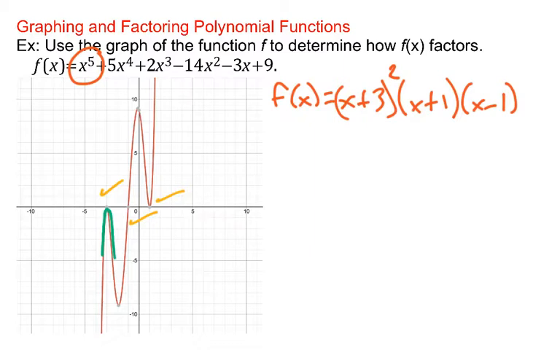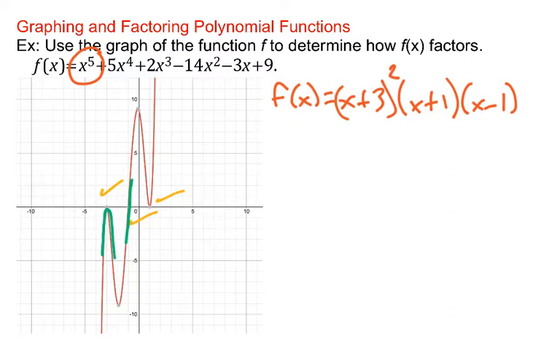Let's look at the other zeros. Look at what happens at -1. At this point, the graph crosses through the axis like a line, and that tells me that the power on that factor must be odd. Let's leave that as a 1, just for now.